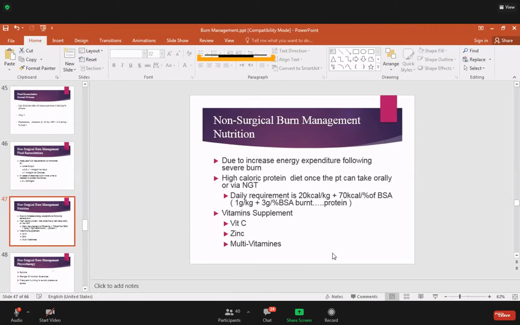This is the caloric requirement. 20 kilocalories per kg will be the basic, plus 70 kilocalories per total body surface area burnt. Now tell me, what is the caloric requirement for this person?